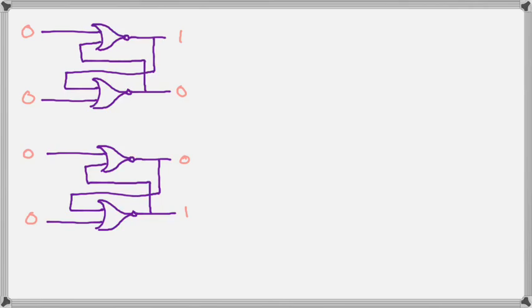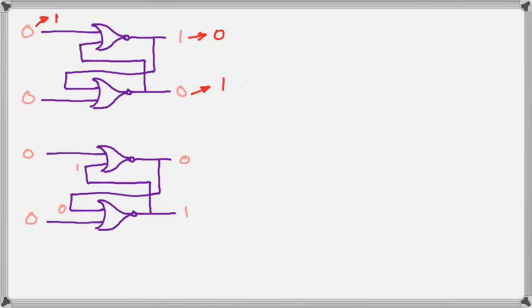And we are going to now cause a change to happen very slowly. So watch carefully as we do this. We are going to cause the top 0 to become a 1. When we do that, clearly it has to go through the gate, and that 1 becomes a 0. Then we have two zeros on the bottom gate, which causes that 0 to become a 1.